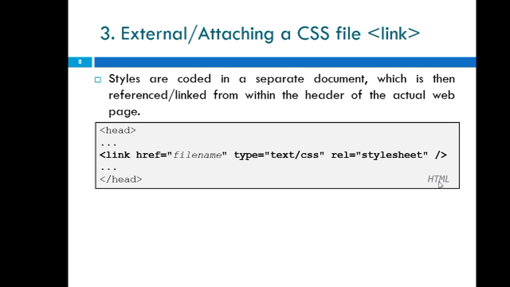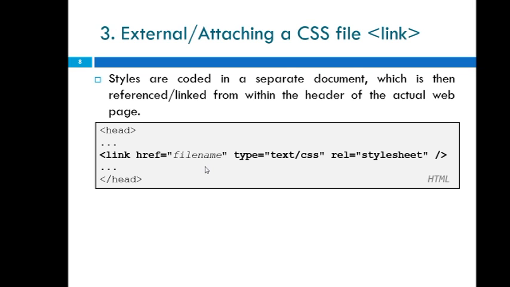So in the HTML code, you have to write one line of code in between the head open and head close. We have to write link. We are linking href file name. Okay, it's a hyper reference. In case of the file name, you have to write the name of the CSS file.